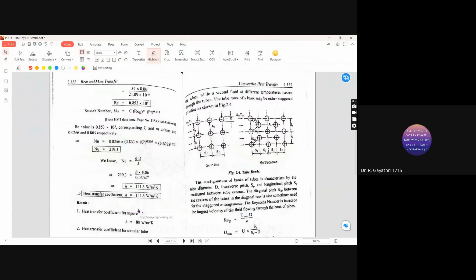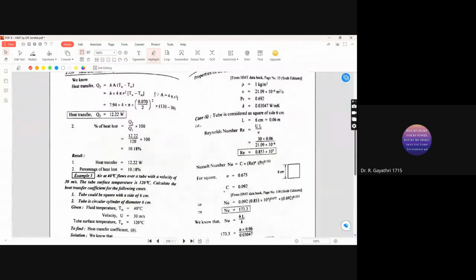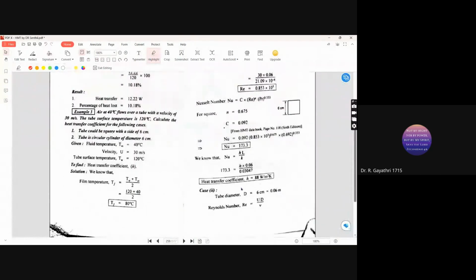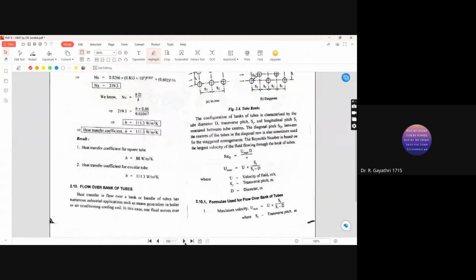If it is a square tube, we get an h value of 88. If it is a circular tube, we get a heat transfer coefficient of 111.3. So the circle increases the heat transfer coefficient, and we can expect more heat transfer if the cross section of the tube is a circle. So we can know the importance of changing the shape of the tube.